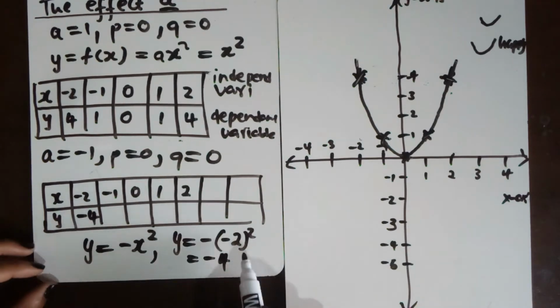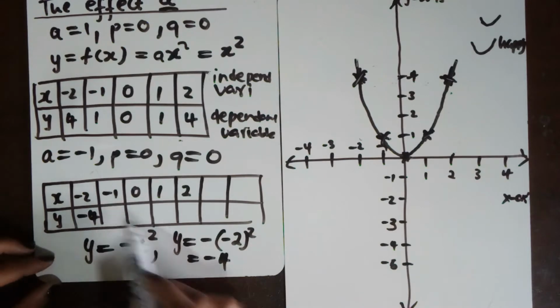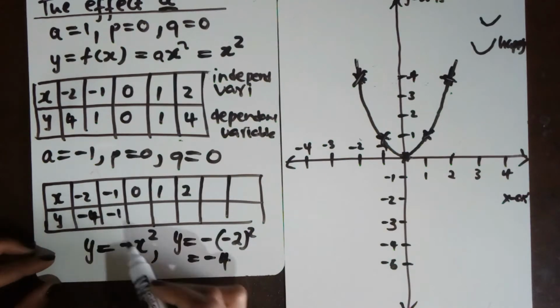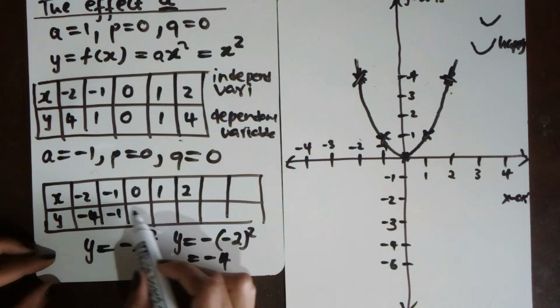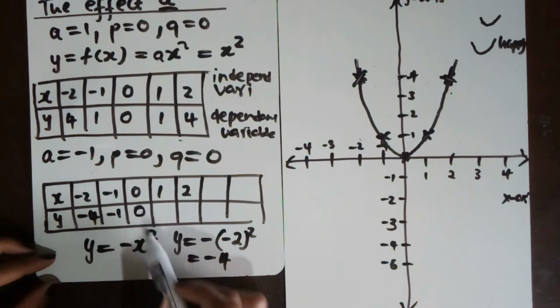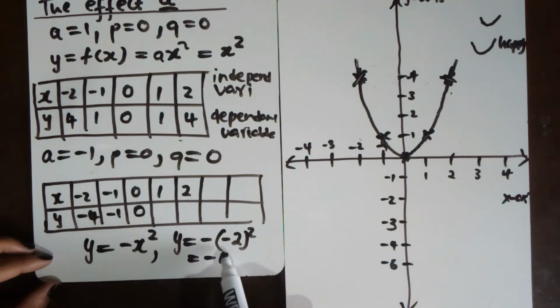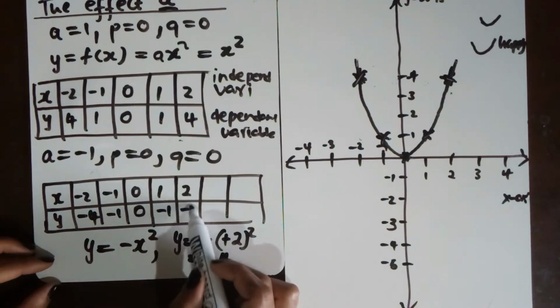And then when x is negative 1, it means our value is going to be negative 1. You can put it in your calculator. If x is 0, it's just going to be 0. If x is 1, your value is going to be negative 1 as well. And if x is positive 2, it's still going to be negative 4.